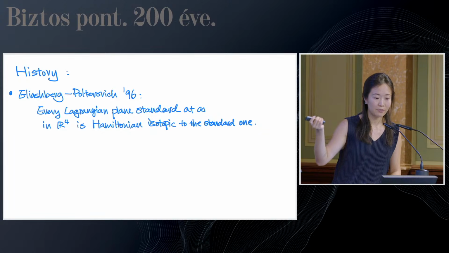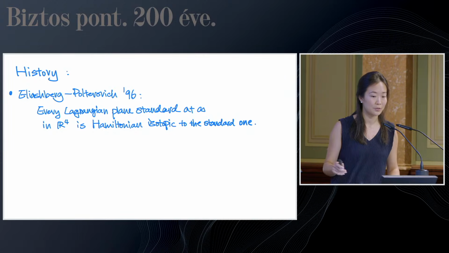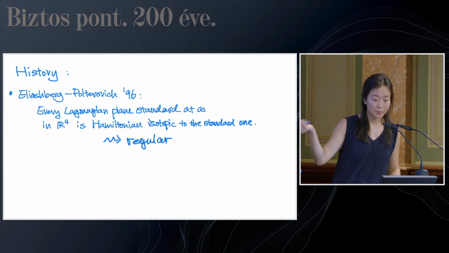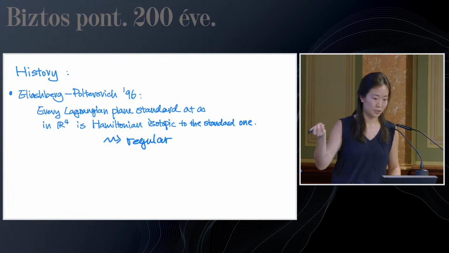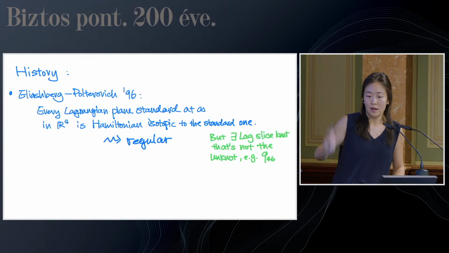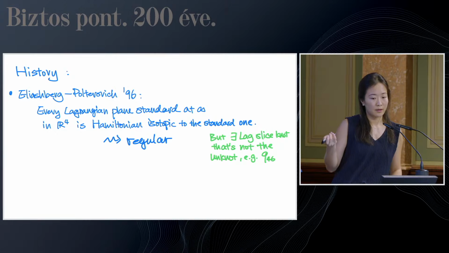They show that every Lagrangian plane, standard at infinity in R^4, is Hamiltonian isotopic to the standard zero section R^2. So in particular, every such Lagrangian plane is regular. But I want to mention that there are Lagrangian slice knots that are not the unknot. So our result is non-trivial even in R^4.